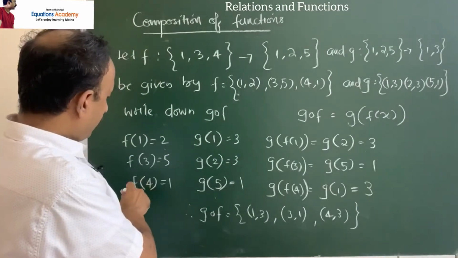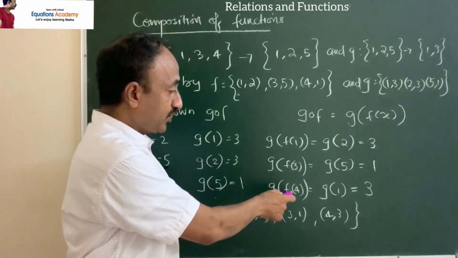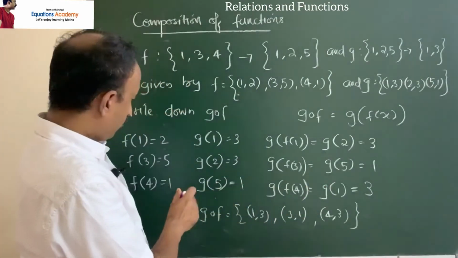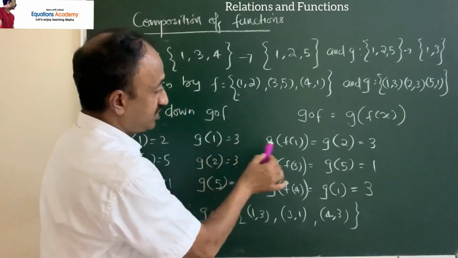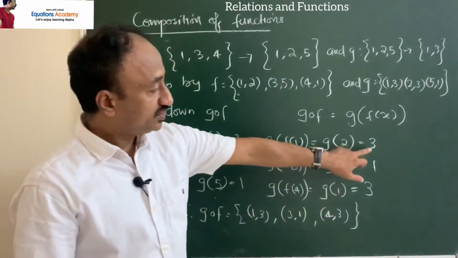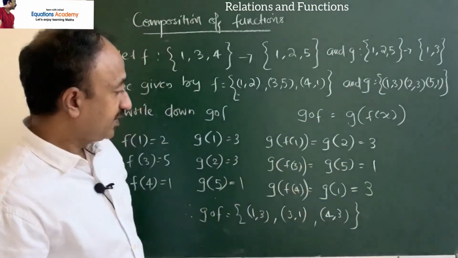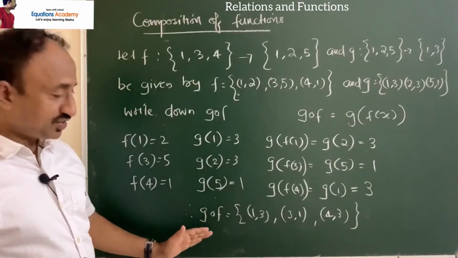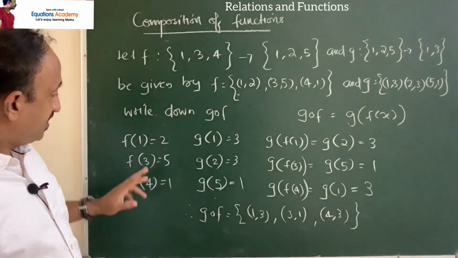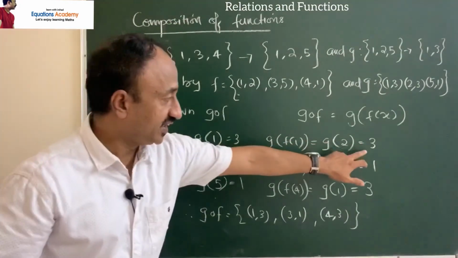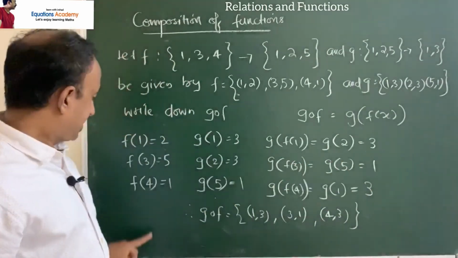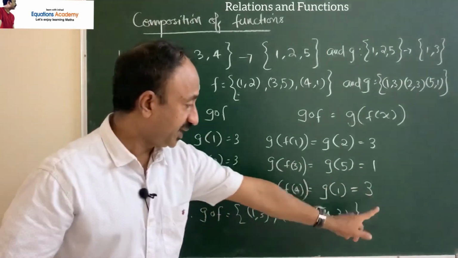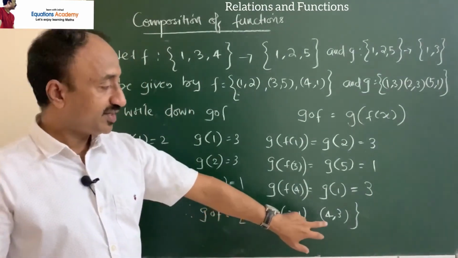Again, g of f of 4 is equal to g of, what is f of 4? 1, g of 1. What is g of 1? G of 1 is 3. So we got 3, 1, 3. So g composition f is {(1,3), (3,1), (4,3)}.